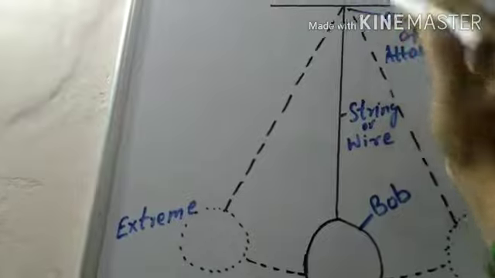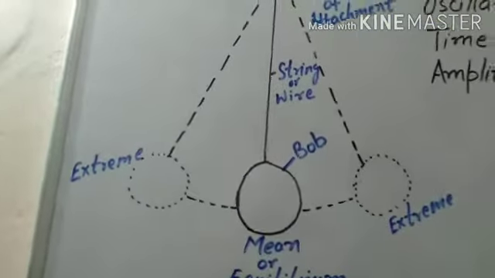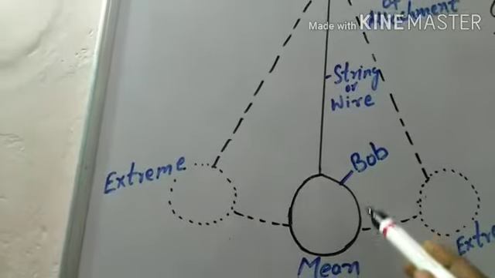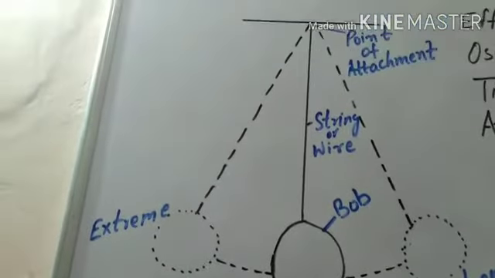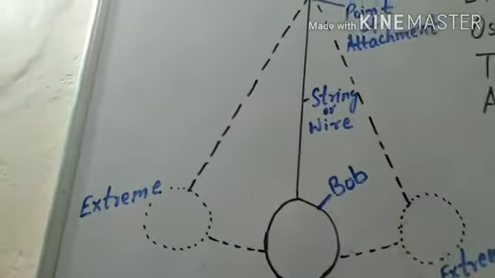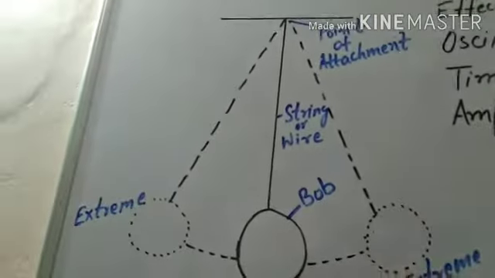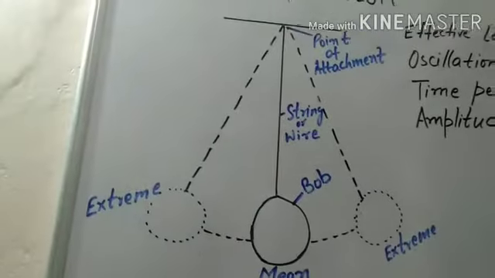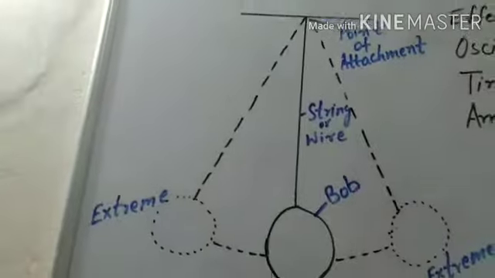This is known as the point of attachment, and this is the string or wire by which a metal ball or stone is suspended. This small mass is known as the bob. So this is the structure of a pendulum: the small mass which is connected to a string.